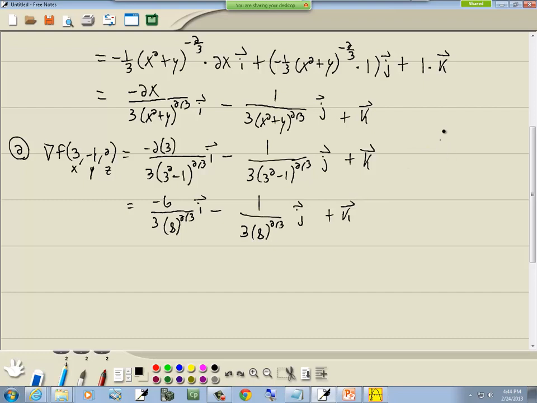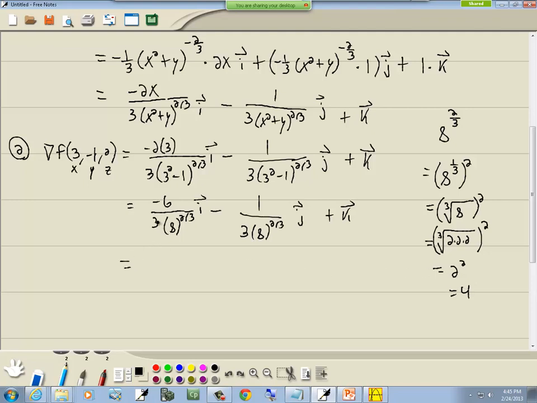8 to the 2/3. You remember this from intermediate algebra, when you have a number to a fractional power, there's a property that says you can take the numerator and put it on the outside of the parentheses. So we can rewrite this as 8 to the 1/3 to the second power. And 8 to the 1/3 is the cube root of 8. And for the cube root of 8, we're looking for something times itself 3 times, which works out well because 8 is 2 times 2 times 2. So that gives us 2 squared, which gives us 4.